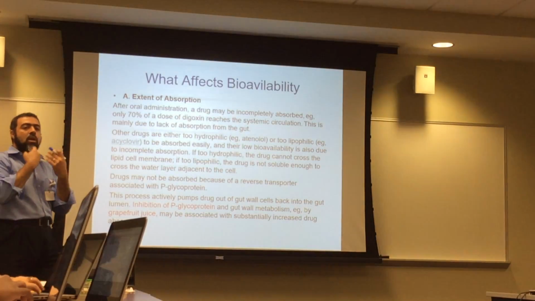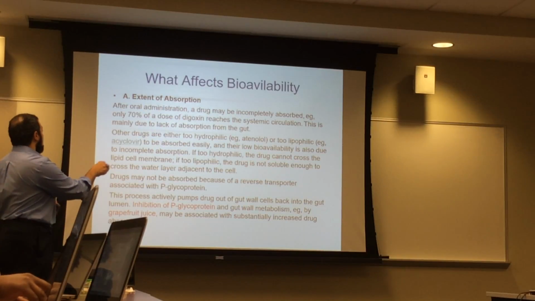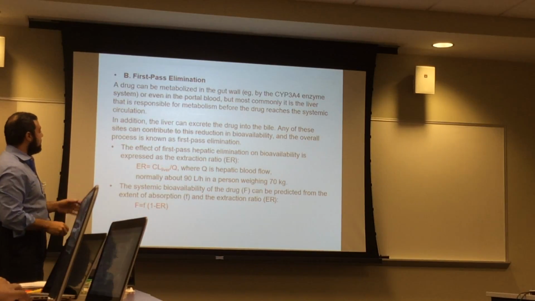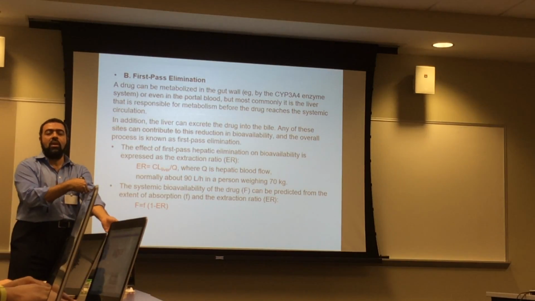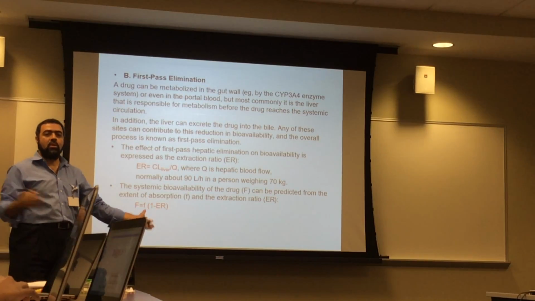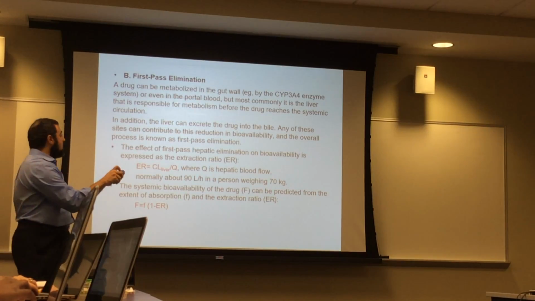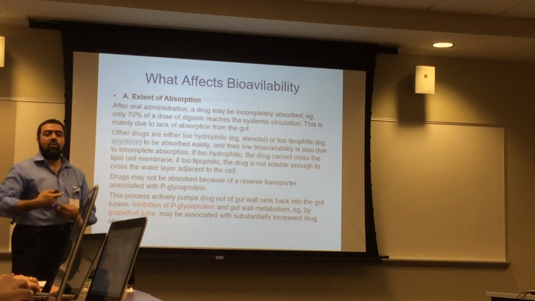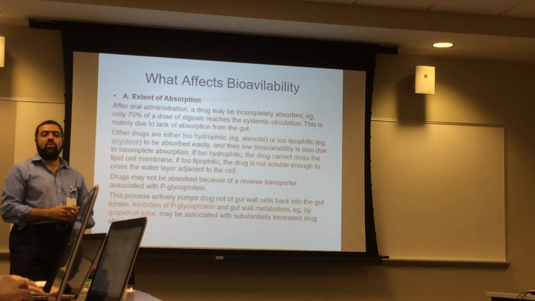First, now we're giving the drug orally, so it has to be absorbed from the GI. So the amount absorbed is one factor. Second factor is the first pass elimination, because when you give the drug IV, you don't see the liver. It goes directly to the circulation and you're done. But when you give it orally, you have to cross the portal circulation, and you lose some amount of the drug.